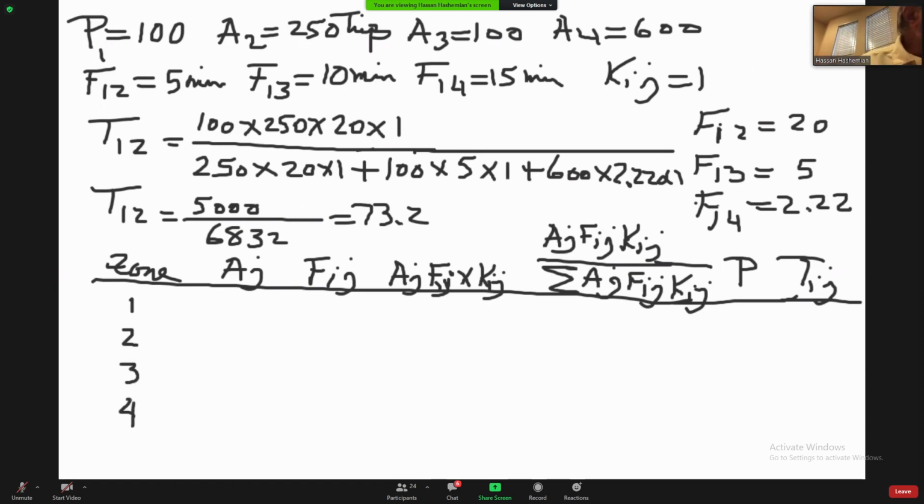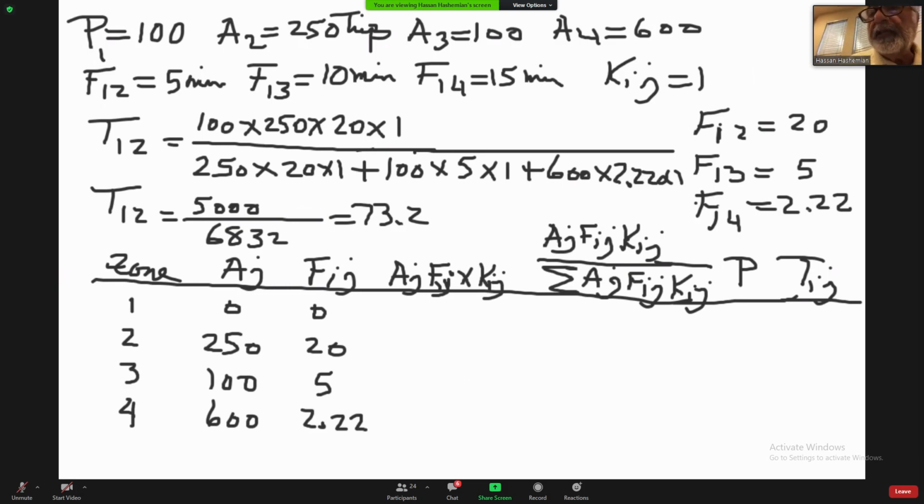So you know what your Aj are for each zone: 0, 250, 100, and then 600. The problem gave you that. Your Fij was given also: 0, 20, 5, and 2.22. So what they do in this tabular form, you just multiply the second column by the third column, Aj, Fij, and then Kij equal to 1 anyway.